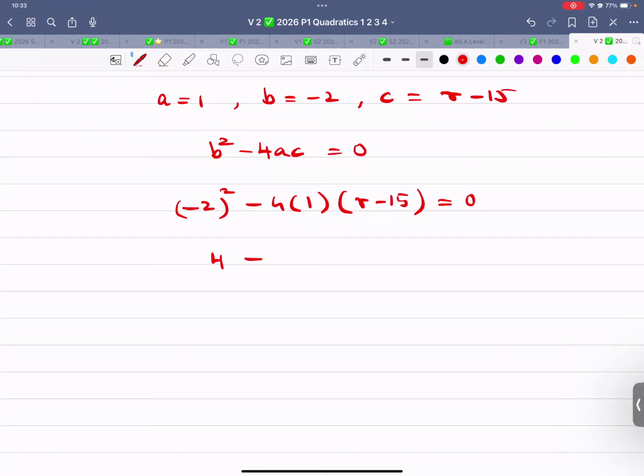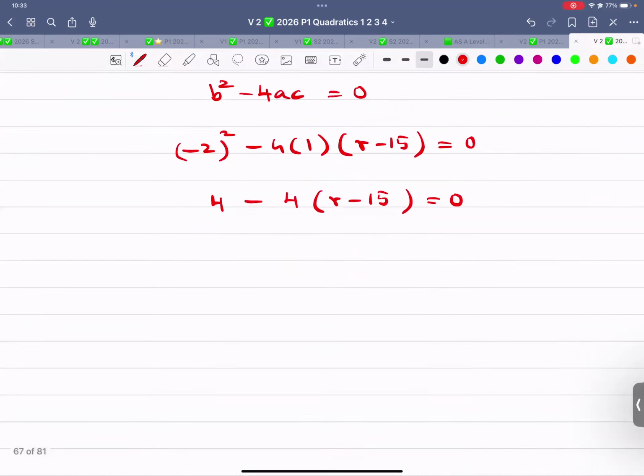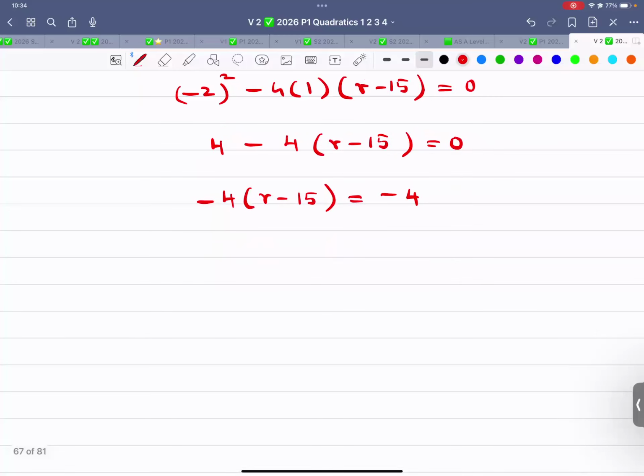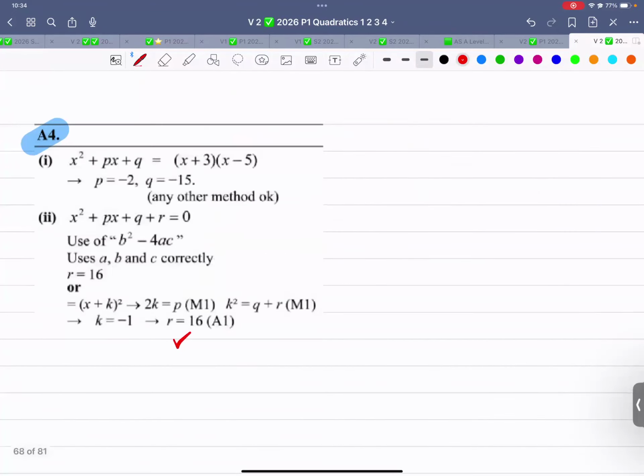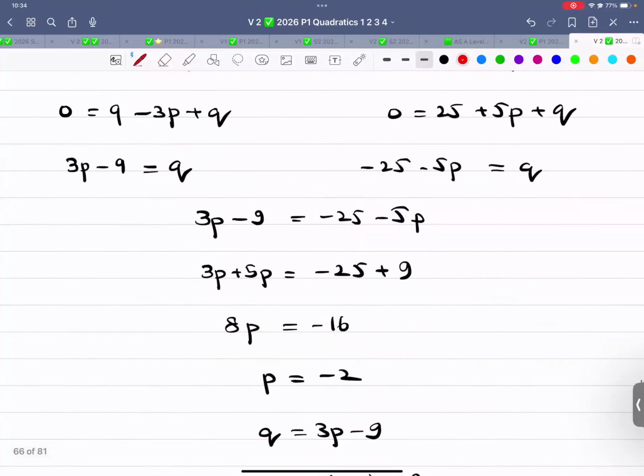This is 4 minus 4 times r minus 15 equals 0. Negative 4 times r minus 15 equals negative 4. Negative 4 cancels. r minus 15 is 1. Therefore, r is 1 plus 15, which is 16. So r is 16, that is good. p is negative 2, q is negative 15. This is also done and dusted.